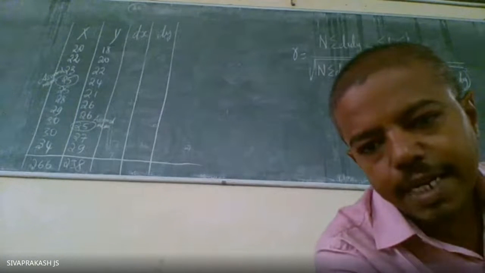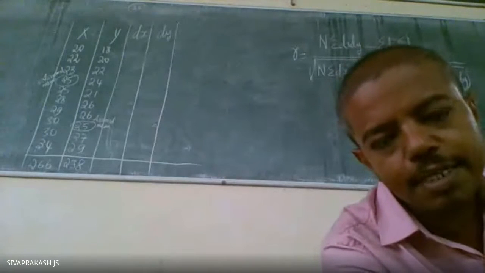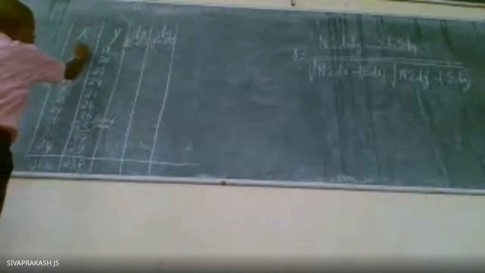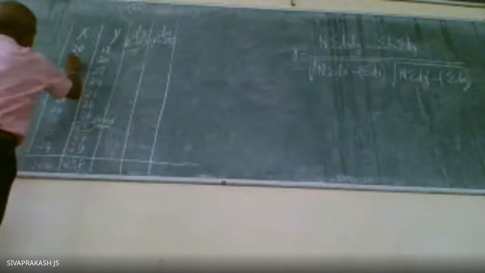So now let me take assumed mean as 25 as common for both x and y. Right? 20 minus 25 is minus 5.